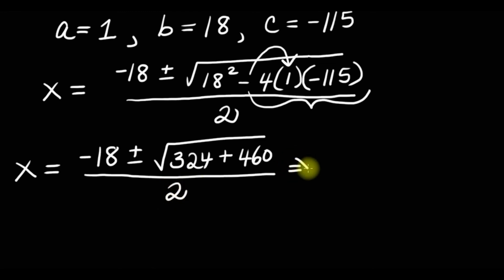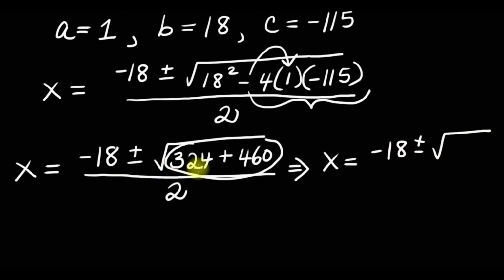Okay, so continue here. We have x is negative 18 plus or minus the square root of 324 plus 460, which is going to give you 784. And that whole thing all over 2.